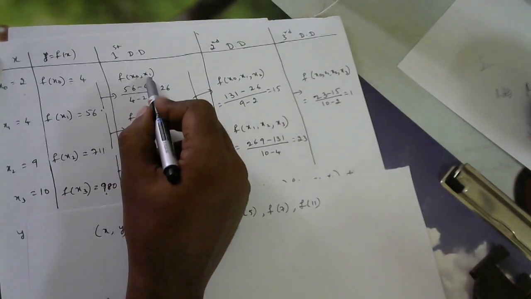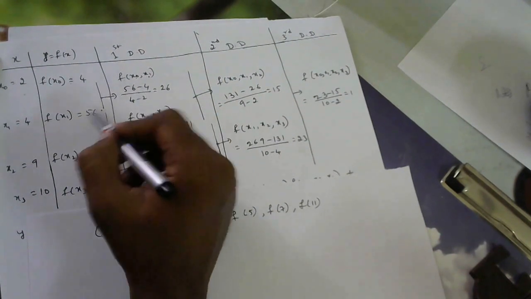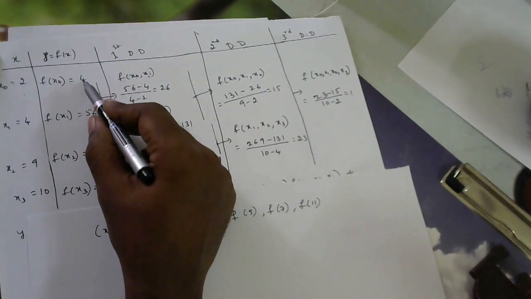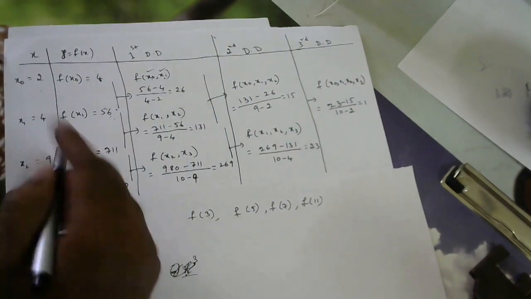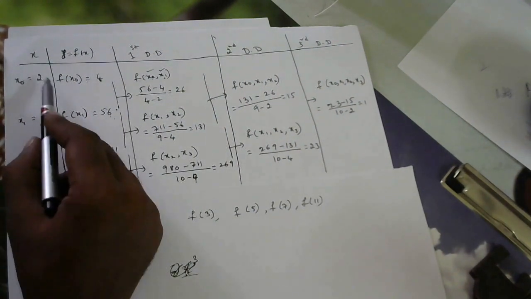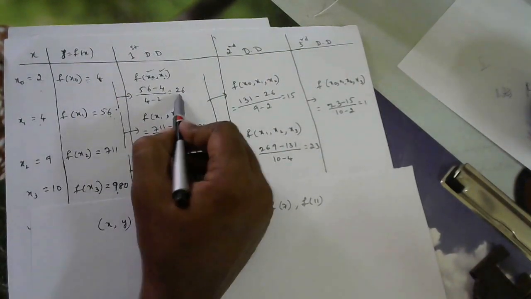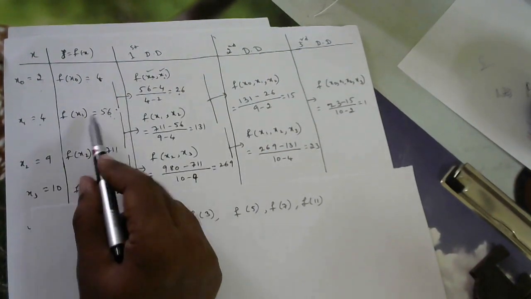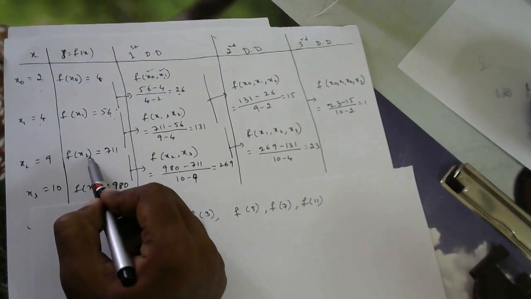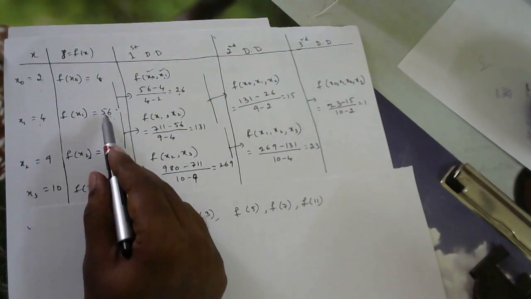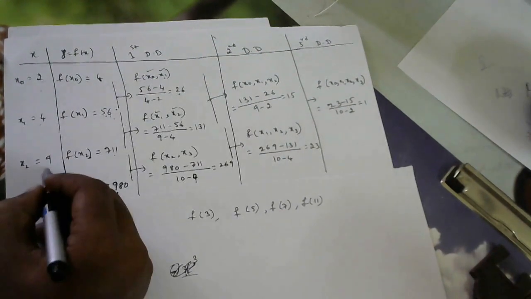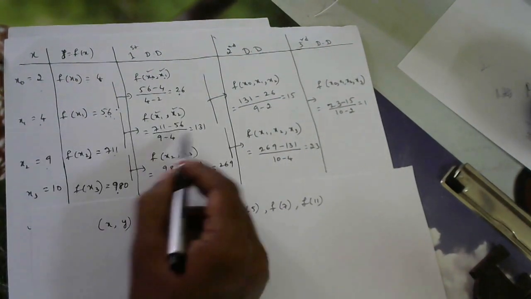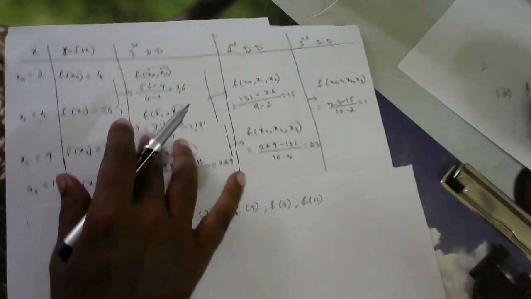So f of x naught comma x1, this is 56 minus 4, last term minus first term, that means 4 minus 2, so we'll get 26. And again here f of x1 comma x2, so 711 minus 56, last term minus first term means x2 minus x1, so 9 minus 4, so we'll get 131.